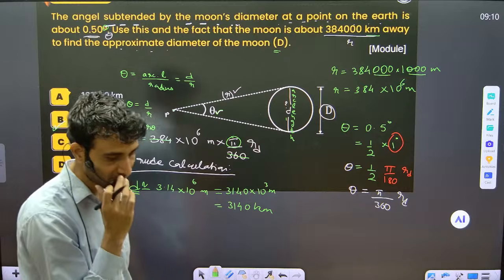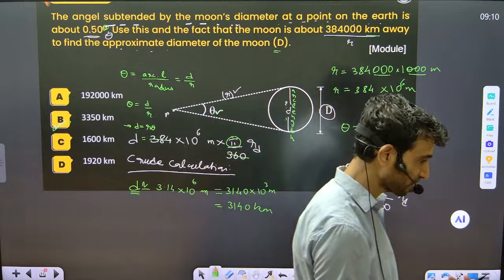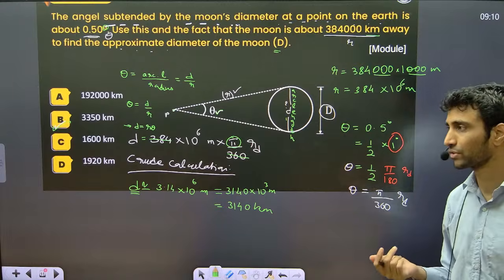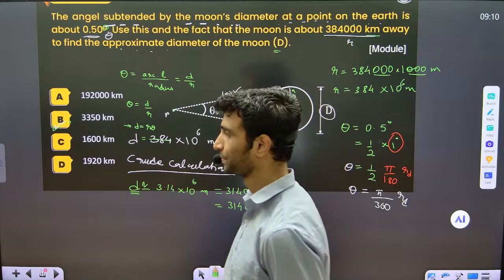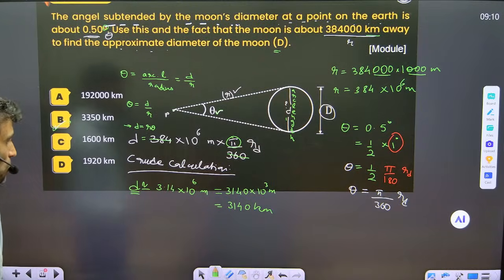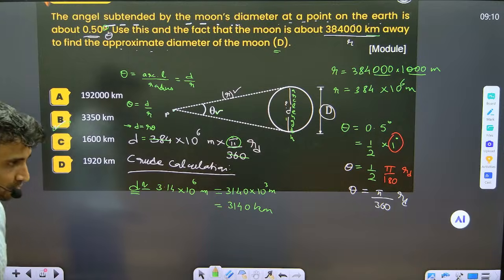Got it? So that is how you can do the calculations without doing the actual calculation. Using crude calculations, you can get the answers quickly, right? So it's quite advantageous that way. Now take this down and we'll move ahead.